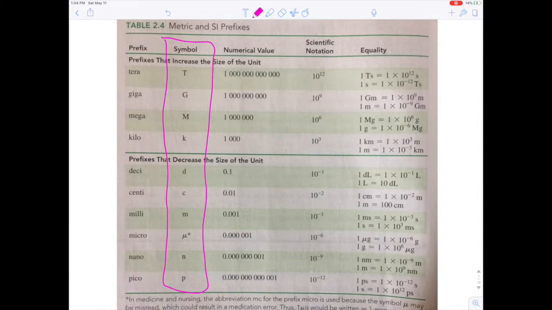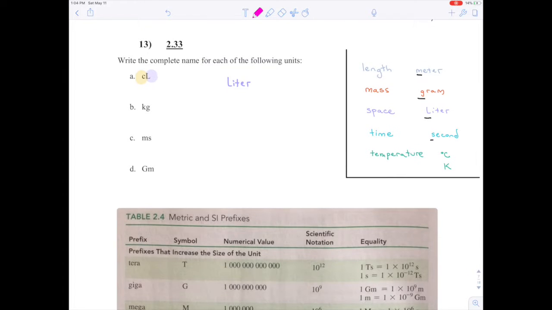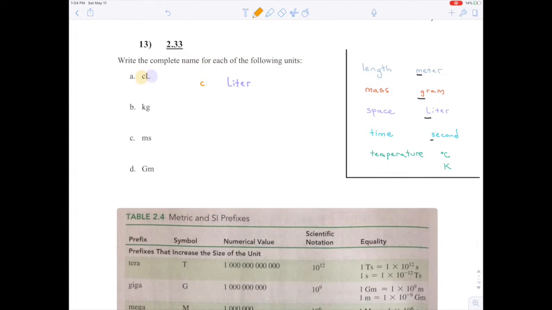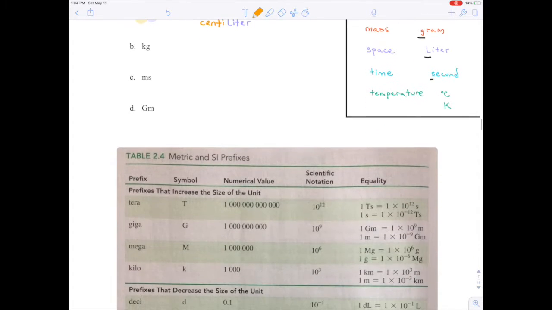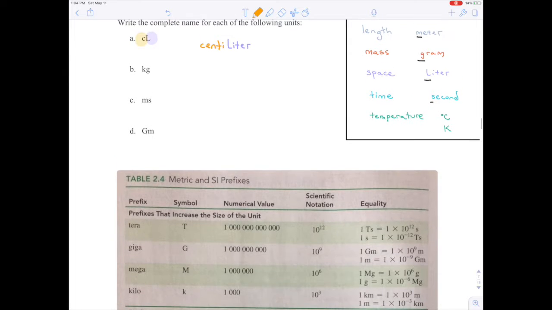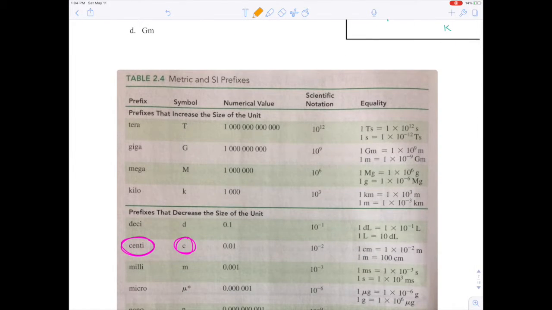So here we see a C, and that's going to be centi. The way you'd read this unit wouldn't be CL, it would be centiliter. A centiliter is smaller than a liter, it's 1/100th of a liter. So it gives you a sense of size.